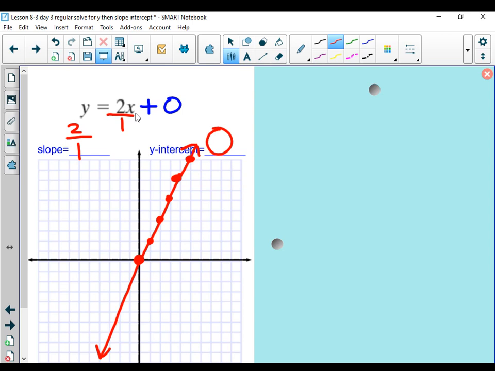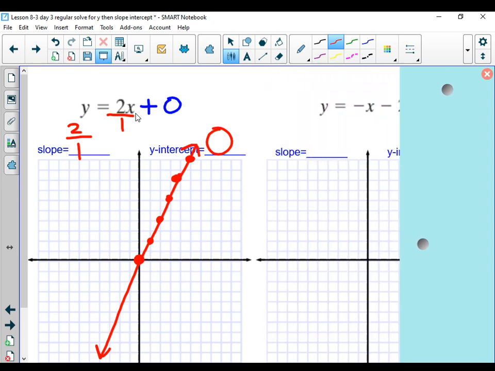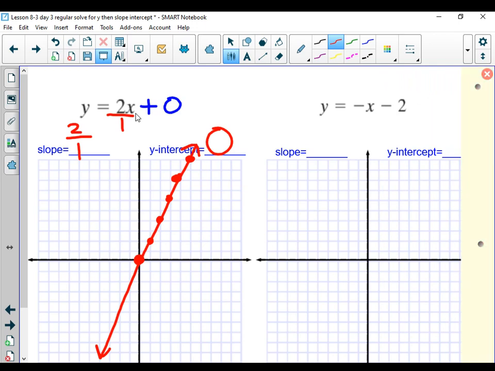Anyone want to chime in with a question? Same 2 questions on the next one. What is the slope? What is the y-intercept?